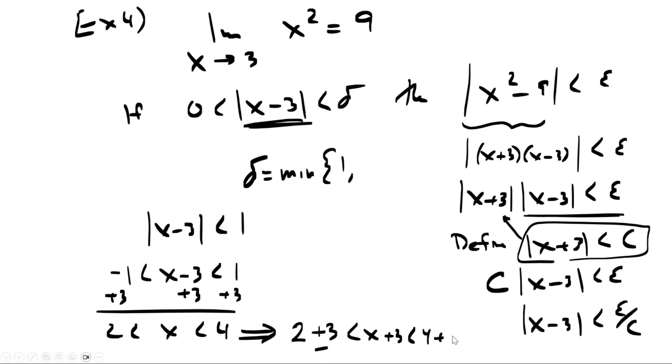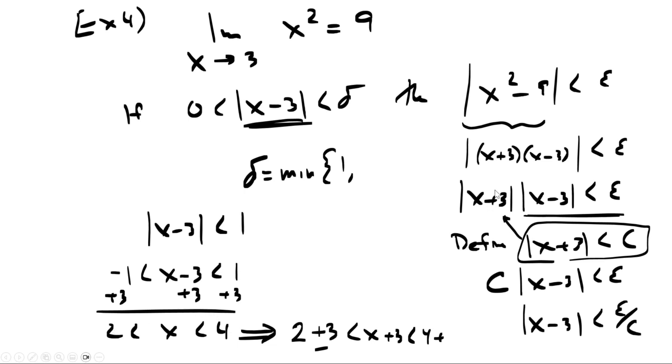That should be 4 plus 3. So here's what I got. If x minus 3 is less than 1, which is this little condition right here, for epsilon this time, then x has to fluctuate between 2 and 4.